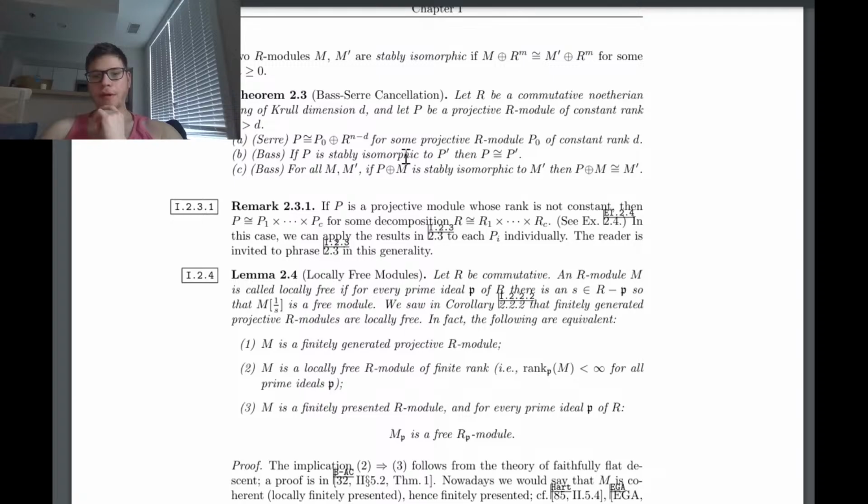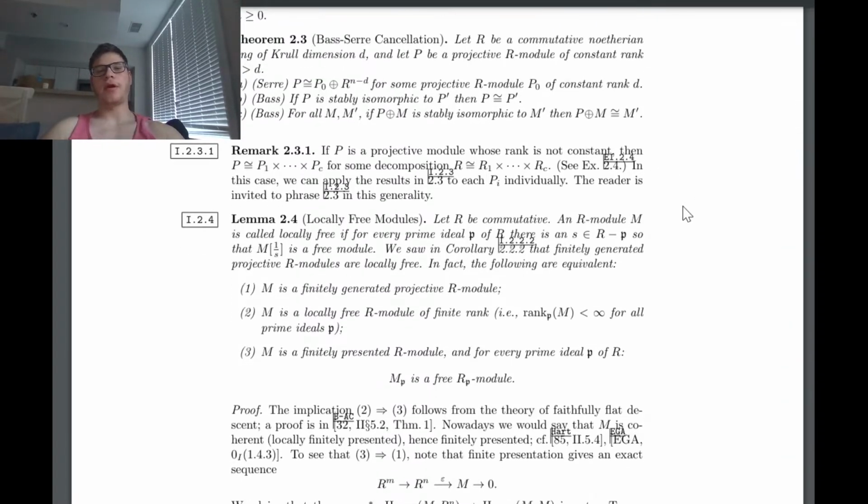If P is stably isomorphic to P prime, then P is isomorphic to P prime. And for all M and M prime, if P plus M is stably isomorphic to M prime, then it's isomorphic to it. Interesting. Okay, so there's a way to turn stable isomorphism into just straight up isomorphism.